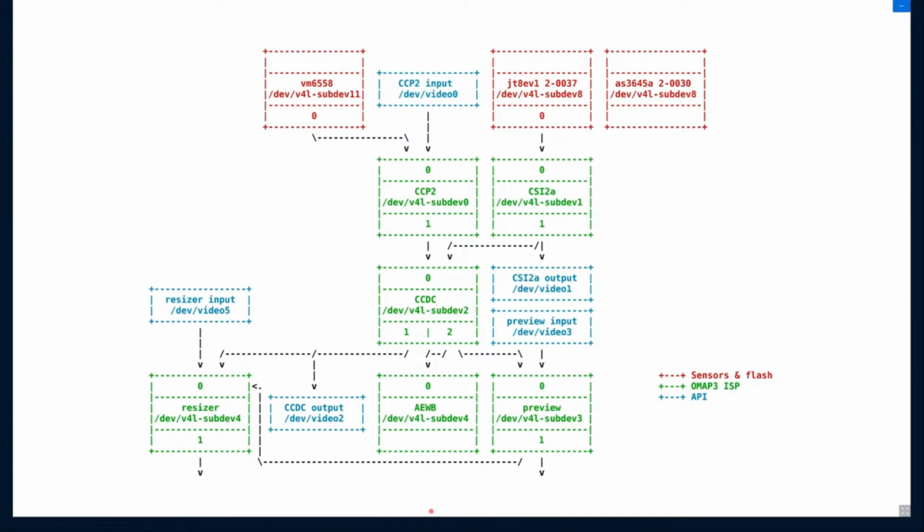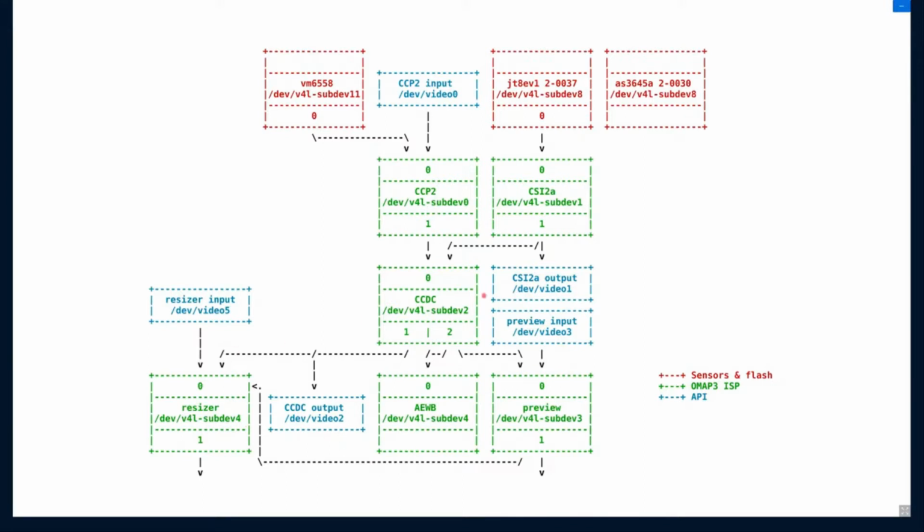Okay, so the hardware topology got complicated, like you can see here. You would have some sensors. The red boxes are the sensors, like two sensors and a flash maybe. The ISP's building blocks are denoted in green. So you would have some subdevs, something like a resizer, and the blue boxes are the API.